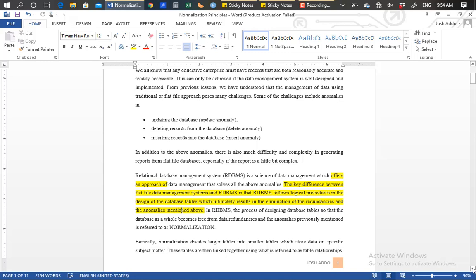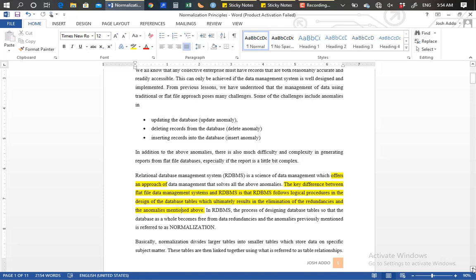So you'll see a lot of tables in RDBMS than traditional flat file data management systems. The idea behind breaking the database tables into many logical tables is that each table is supposed to store information on one subject matter.